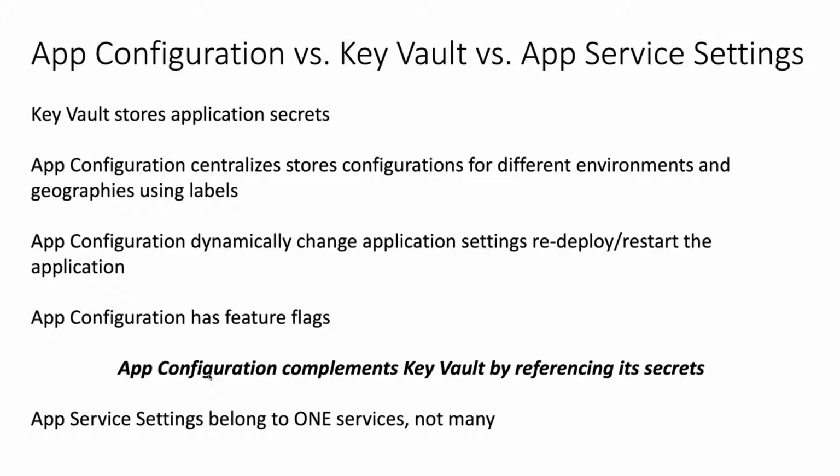But what you can do is reference Key Vault secrets from within Azure App Configuration. So if you have an application that needs a secret from Key Vault, it would ask Azure App Configuration to give it the reference. And when you then have the reference, you can ask Key Vault to retrieve the secret.